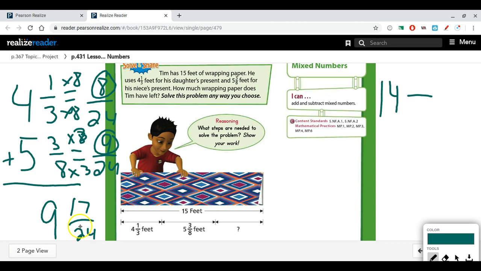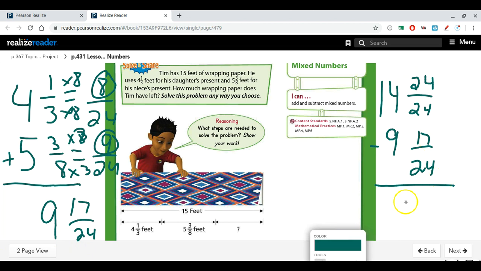Then I have 9 and 17 24ths. I subtract: 24 subtract 17 is equal to 7 24ths, and 14 subtract 9 is equal to 5. So I'm left with 5 and 7 24ths feet of wrapping paper.